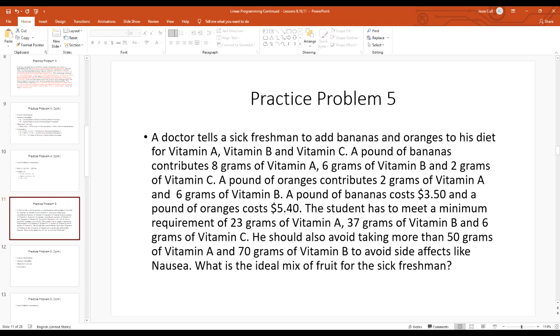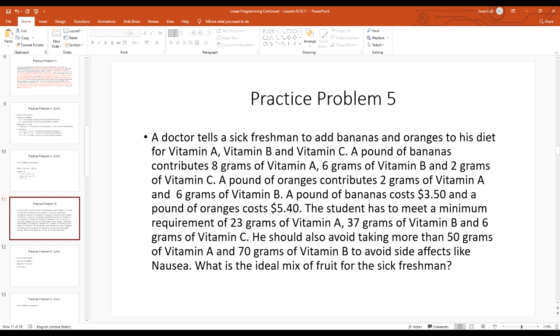Practice problem 5. A doctor tells a sick freshman to add bananas and oranges to his diet for vitamin A, vitamin B, and vitamin C. A pound of bananas contributes 8 grams of vitamin A, 6 grams of vitamin B, and 2 grams of vitamin C. A pound of oranges contributes 2 grams of vitamin A and 6 grams of vitamin B. A pound of bananas costs $3.50, and a pound of oranges costs $5.40.